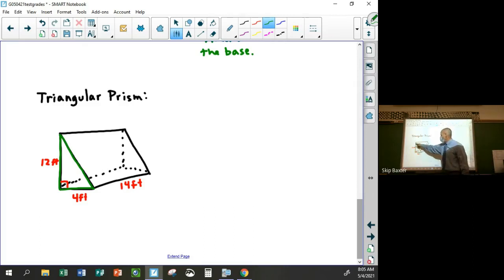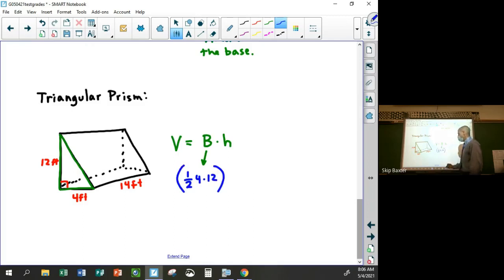So, in this case, the volume would be B times H. B part is the area of that triangle on the end. It would be 1/2 times 4 times 12. That's the B part. The H part is the 14.